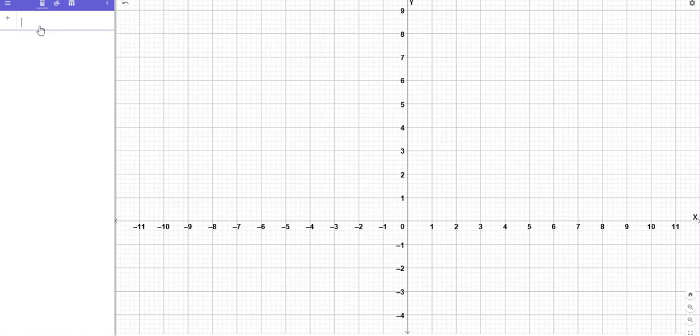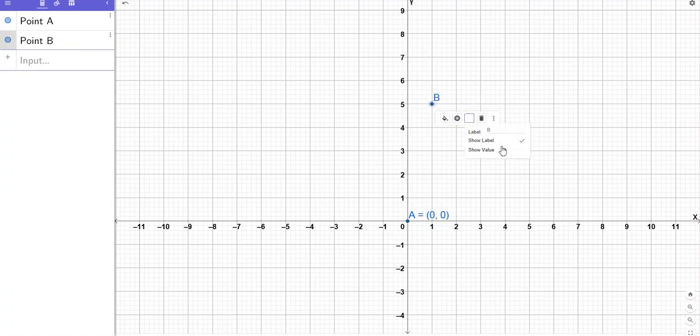So the first point was 0 comma 0. So here it is, 0 comma 0. The next was 1 comma 5. So here it is, 1 comma 5. The next one was -1 comma -5.